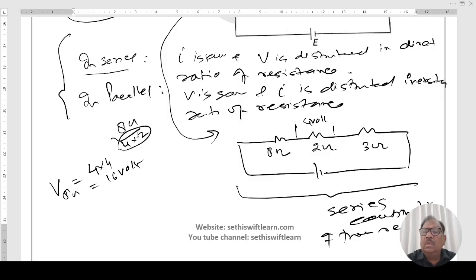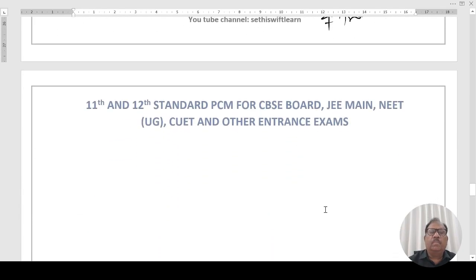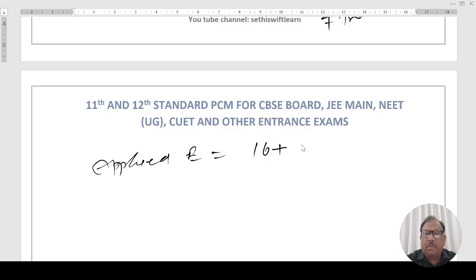Similarly, V across 3 ohm will be equal to 1.5 into 4, that is 6 volt. So this will be 6 volt, this will be 16 volt. Right? Therefore, applied EMF will be equal to 16 plus 4 plus 6, that is 26 volt.